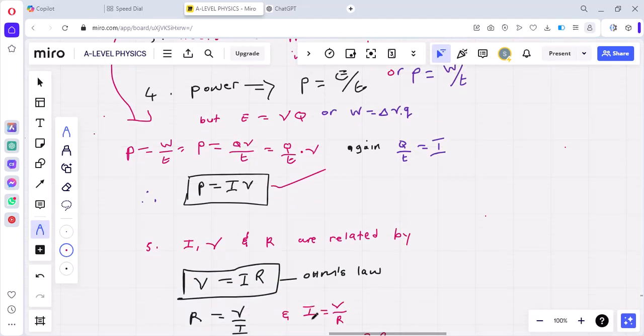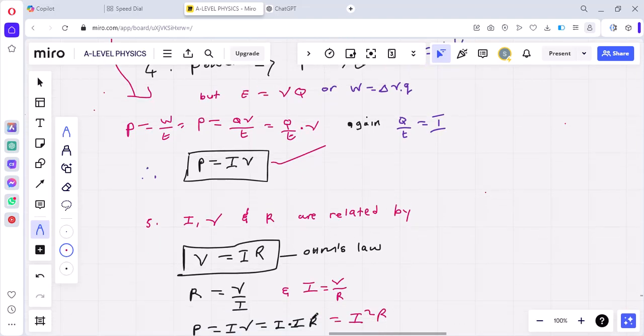Well, how is current related to voltage and resistance in a circuit? We can relate current, voltage and resistance using Ohm's law.